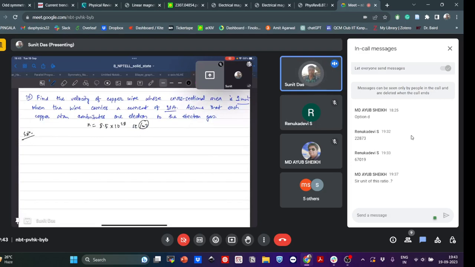So what will be the drift velocity for this question? We have current I equal to 10 ampere and cross sectional area 1 millimeter square. It will be around 10 to the power minus 6 meter square.